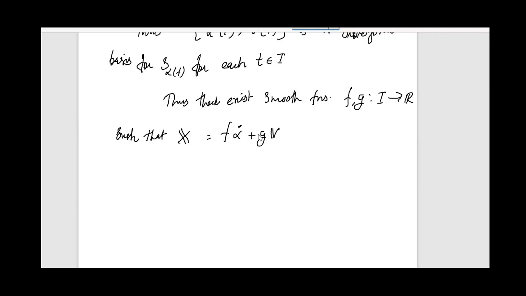So x can be written as the linear combination of alpha dot and v.